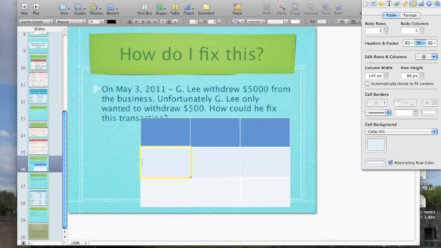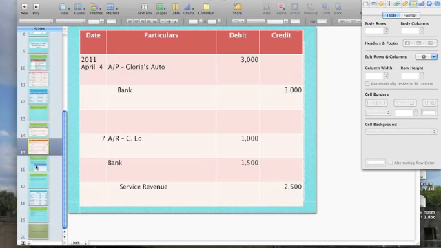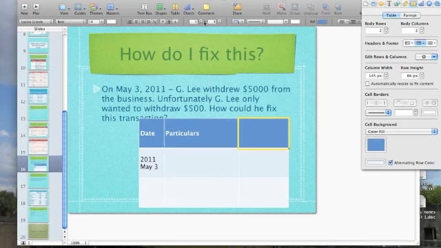Let's type the first transaction. May 3rd, 2011. May 3rd. Date. And you have to add one more line.